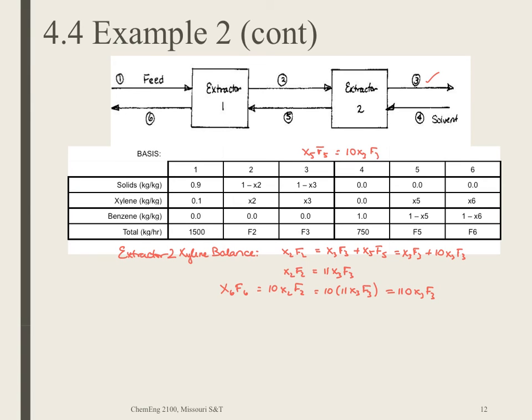Well, we can go to any of these other balances here, but for instance, I know that if I do the overall xylene balance, that tells me that 150 equals x3 f3 plus x6 f6, which is 110 x3 f3.